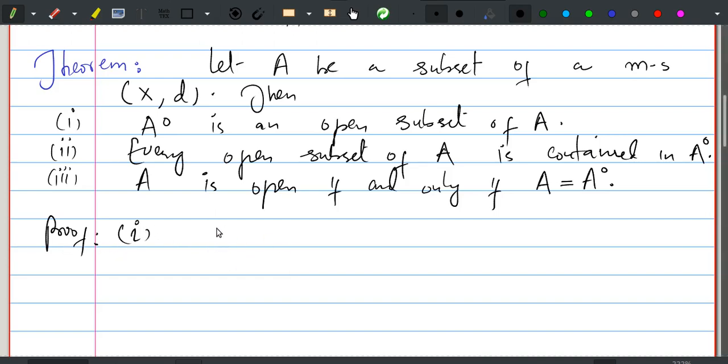Let us consider some point x in A interior. To show A interior is an open set, we have to prove that there is some open ball centered at x which is contained in A interior.